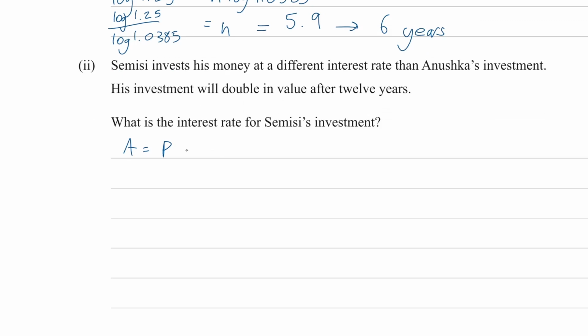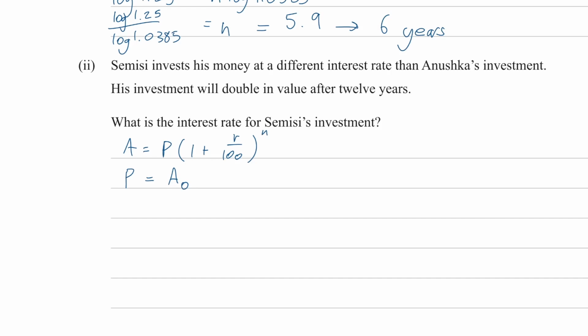So P times 1 plus R over 100 to the power of n. My R's and N's look quite similar. All right, so let's let his principal amount be, I don't know, A0 for initial amount. We could use P, but I'm answering this question, I can do what I want.